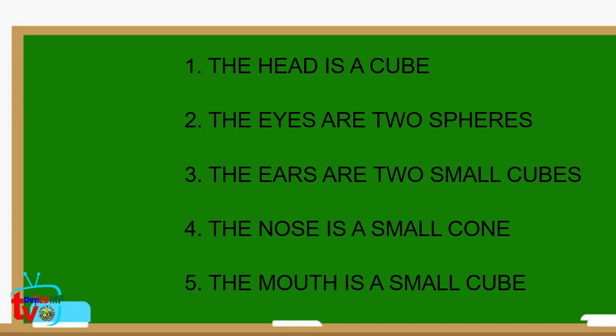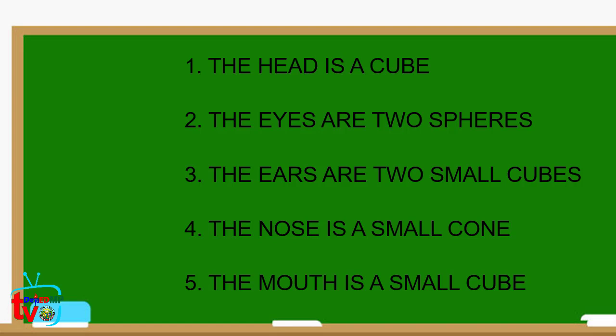Are you done with the eyes? Next here, number 3. The ears are 2 small cubes. Okay. Number 4. The nose is a small cone. Next, number 5.